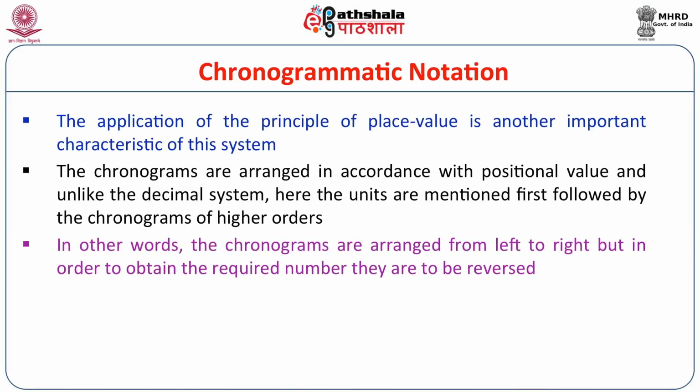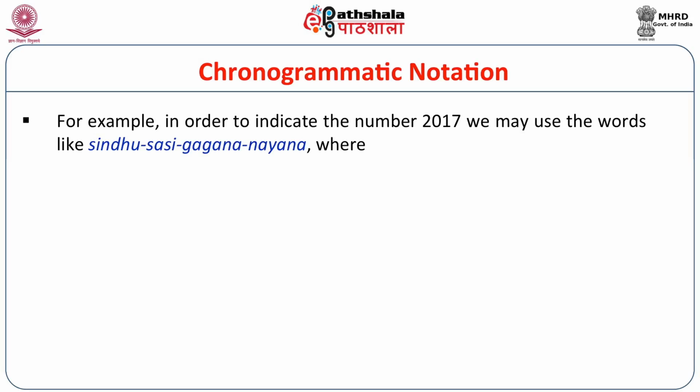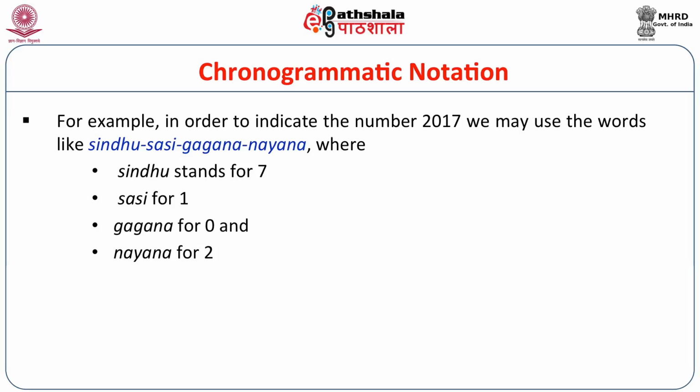For example, in order to indicate the number 2017, we may use the words Sindhu, Sashi, Gagana, Nayana, where Sindhu stands for 7, Sapta Sindhu, Sashi, meaning moon, for 1, Gagana for 0, and Nayana, or eye, for 2, as there are 2 eyes.